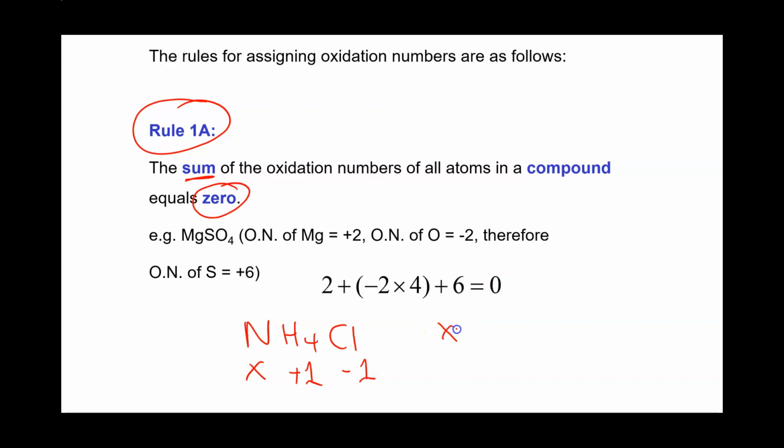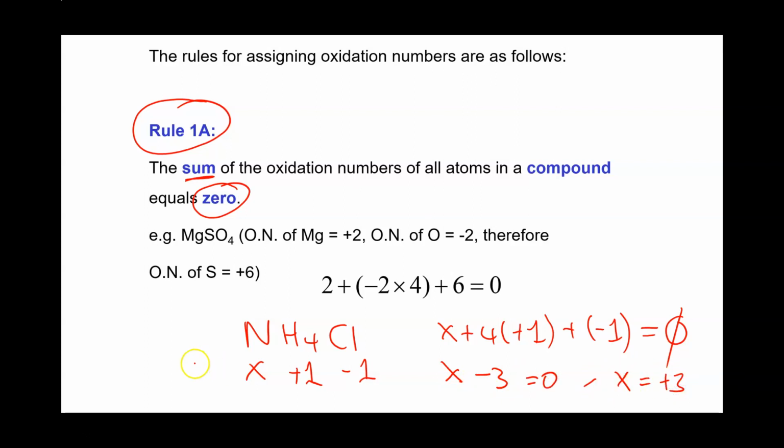So x plus 4 lots of +1 plus -1, all of that has to add up to 0. So that's going to allow me to solve for what x is. So x minus 3 equals 0. So that means that x equals +3. So I was able to solve for the oxidation number of nitrogen in this compound in this way. So I really like this rule.